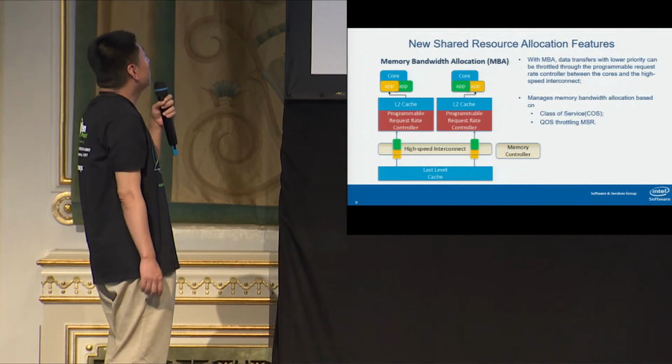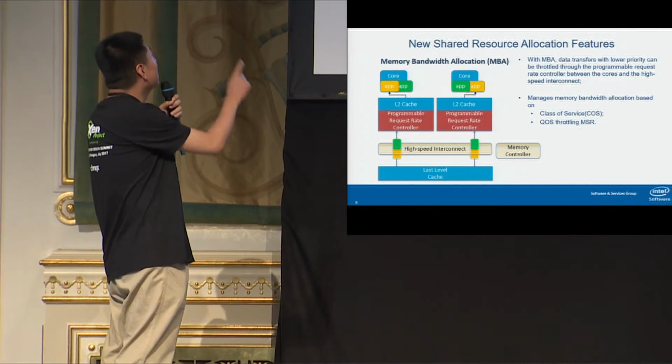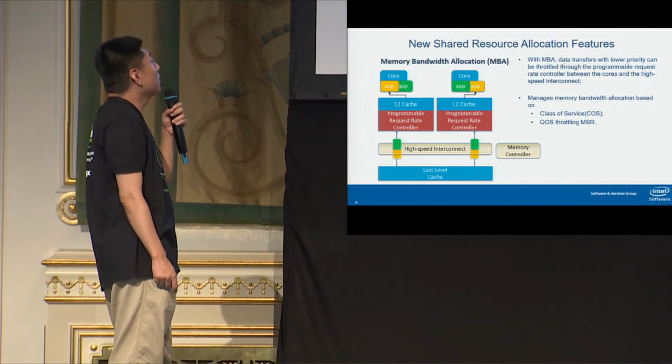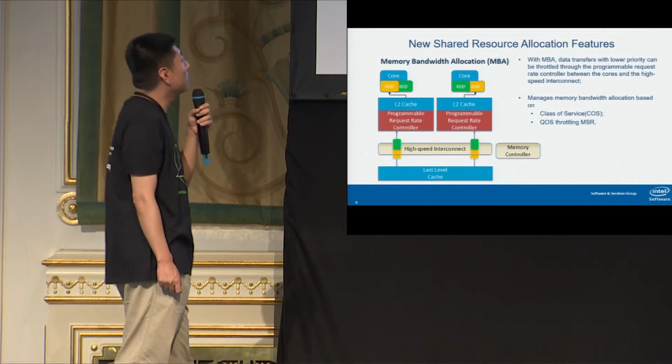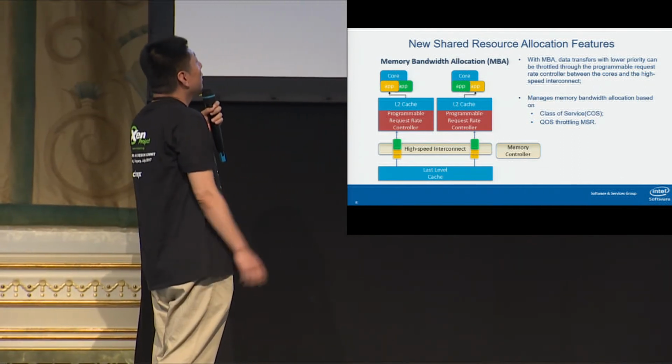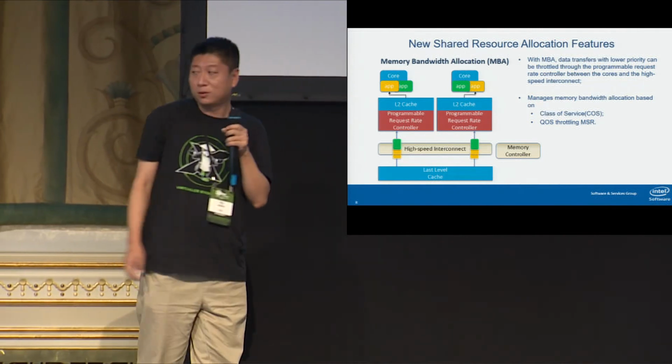You can see it's also between the L2 cache and the high-speed interconnect. And on some platforms where the L2 cache is also the last level cache, it's between the cache and the memory controller.